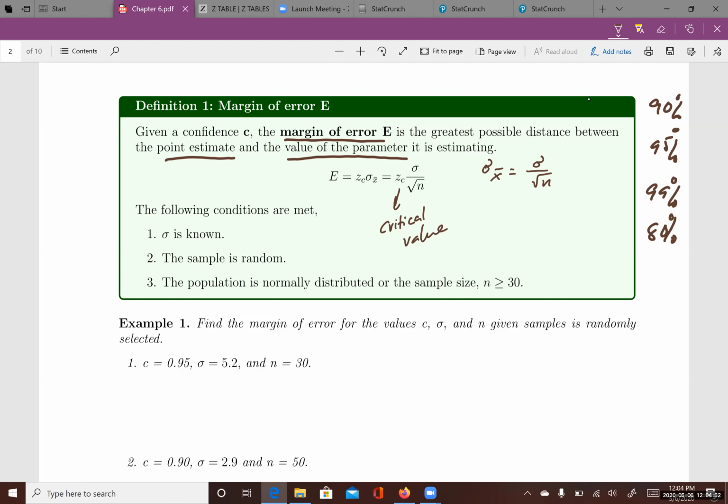Third, the population is either normally distributed or the sample size has to be at least 30. Okay, so the three conditions have to be met in order to use this formula to find the margin of error with a given level of confidence C.